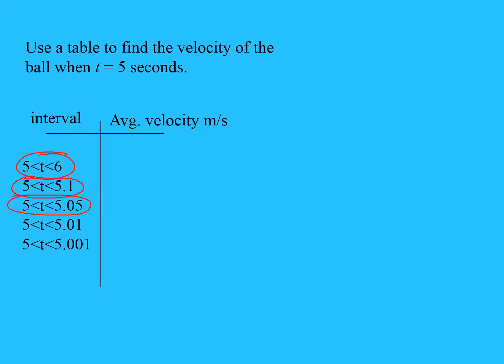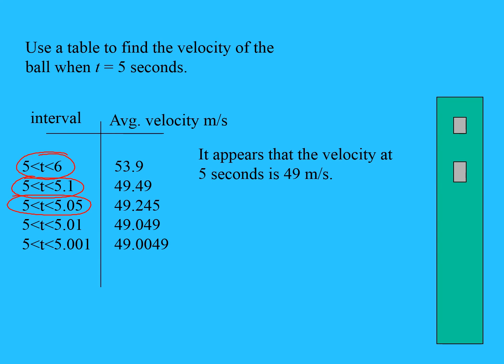And we would look at the slope of the secant line, which would be the average velocity. And we're going to see if we're approaching some value as t gets closer and closer to 5 from the right. So looking at the slope of that secant line, it appears that we're getting closer and closer to 49 meters per second.